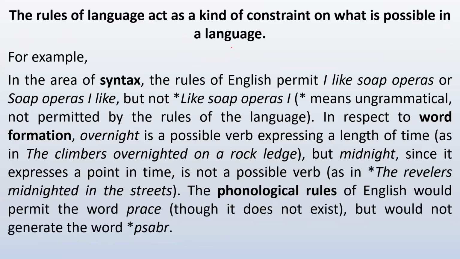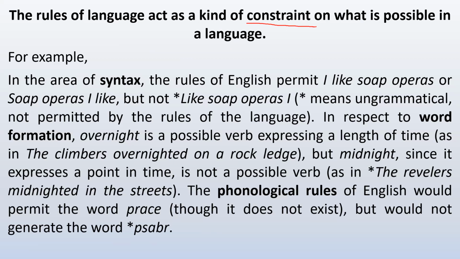Right. Now here, the rules of language act as a kind of constraint. Actually, I was talking about this very briefly the last time I met you. Never mind, I'll go through this again. The rules of language act as a kind of constraint on what is possible in a language.